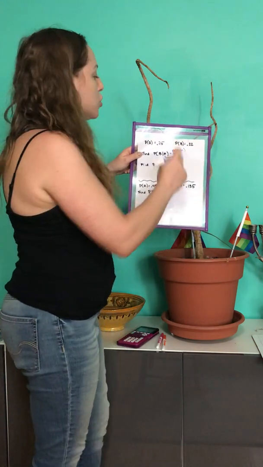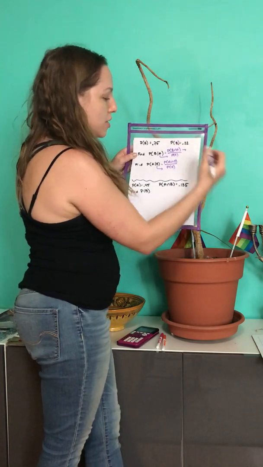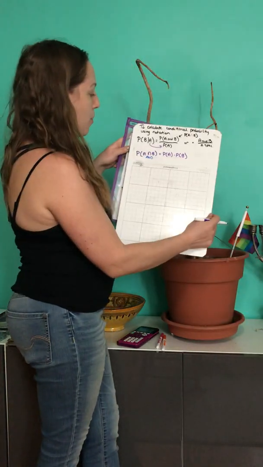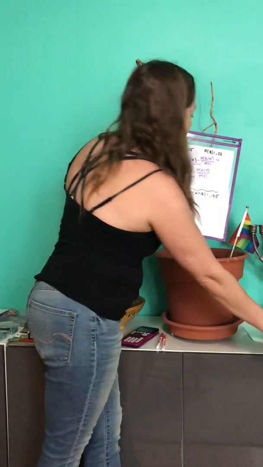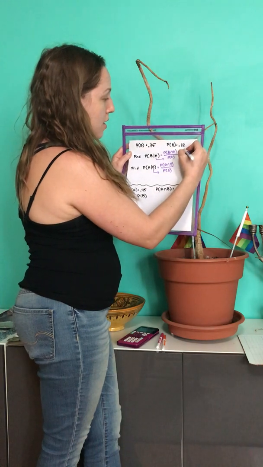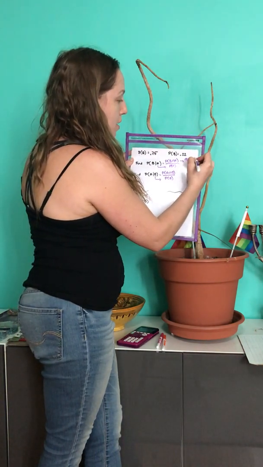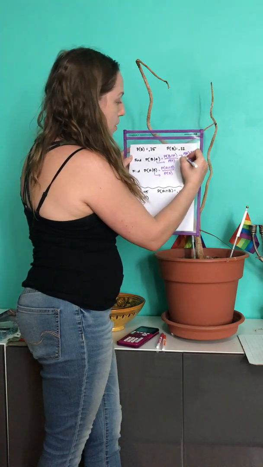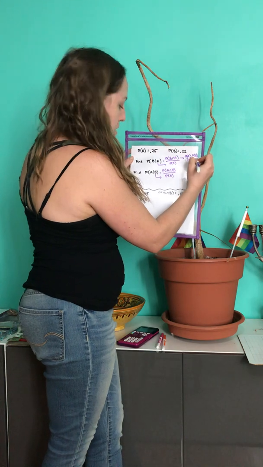Okay, so how do we find the probability of B and A? Well, remember that we just said to find that probability, you multiply probability of A times probability of B. Okay, so we would do P of A times P of B, which in this case is 0.75 times 0.22.